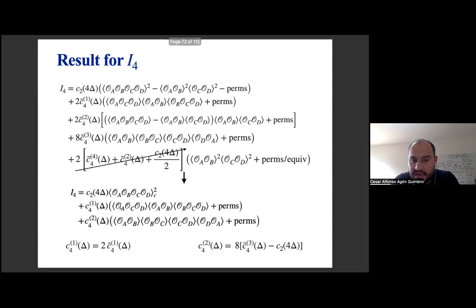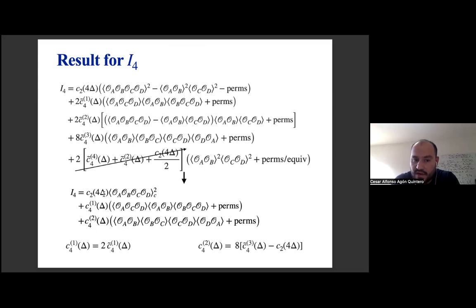And indeed, it's simplified in this form, the form that I expressed to you before. The reason is that the term that is linear in the 4-point function combines with the term that is quadratic in the 4-point function to get the connected correlator squared. This is just because this coefficient happens to be related to this coefficient.